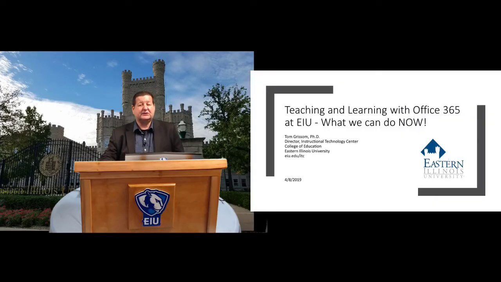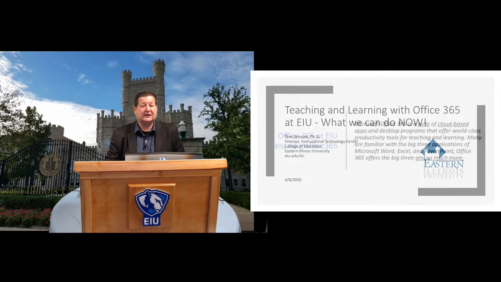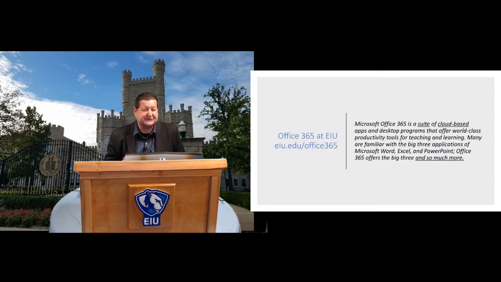Today I would like to go over some of the many apps and services available to everyone at EIU through Office 365. So to begin with, let's go to a PowerPoint presentation here, and let's begin with what Microsoft Office 365 is. Microsoft Office 365 is a suite of cloud-based apps and desktop programs that offer world-class productivity tools for teaching and learning.